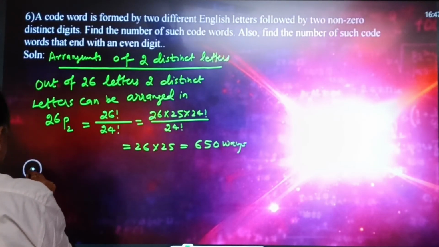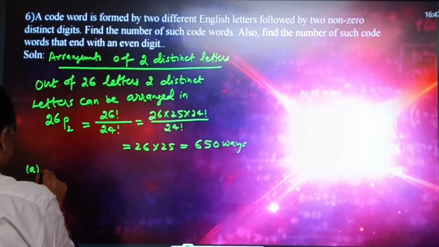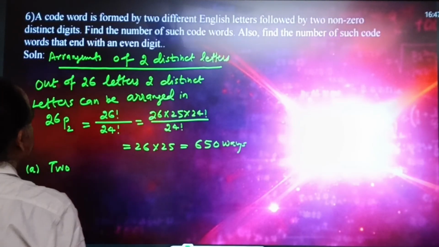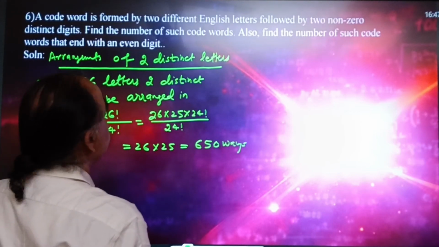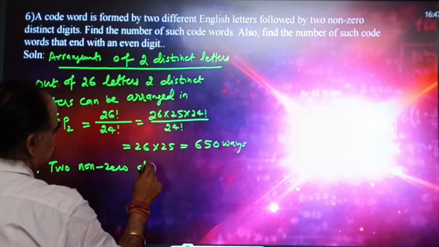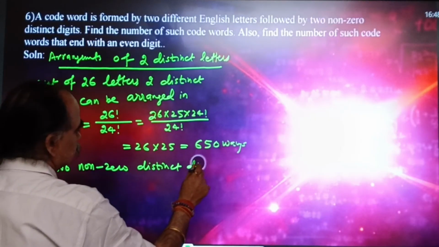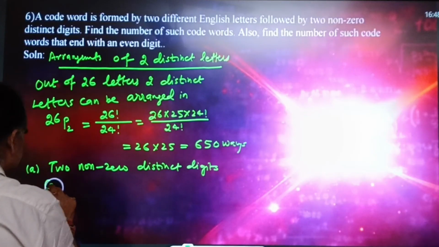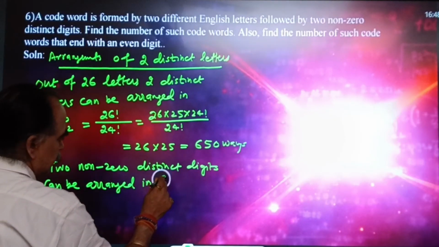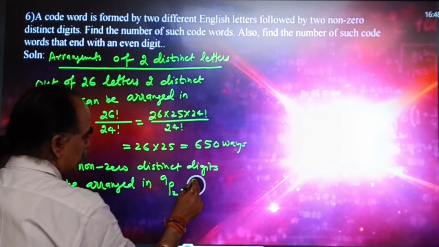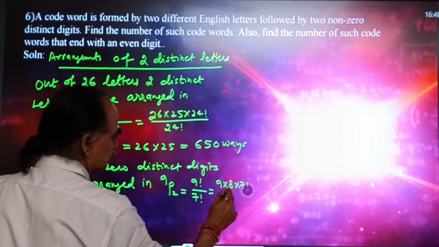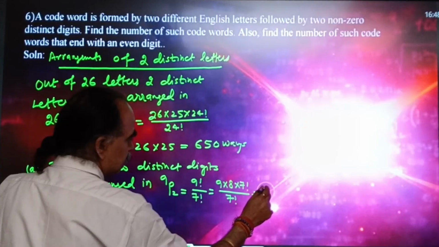Now, there are two cases for arrangement. Case 1: two non-zero distinct digits can be arranged in 9P2, 9 factorial upon 7 factorial, 9 into 8, which is 72 ways.